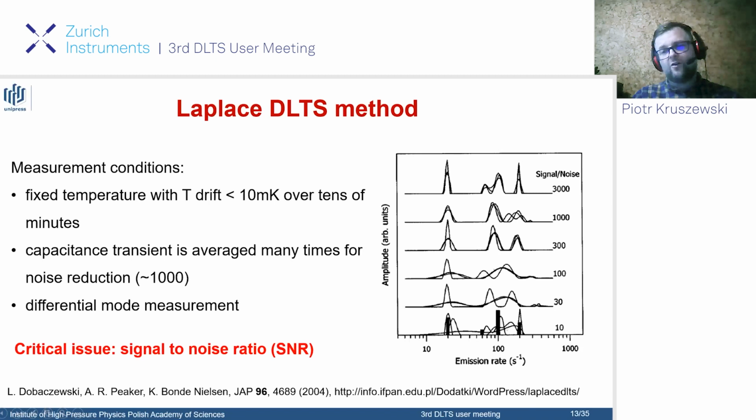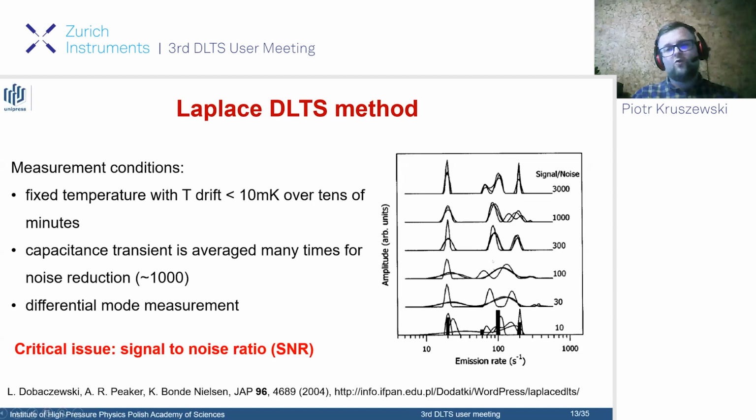However, if you have very closely spaced deep levels, whose emission rates will be similar, as in this case, you can see that we need at least 300 or even 1,000 or 3,000 to separate all of the time constants which are present in the spectrum of the emission rates. So you see that it's really important.